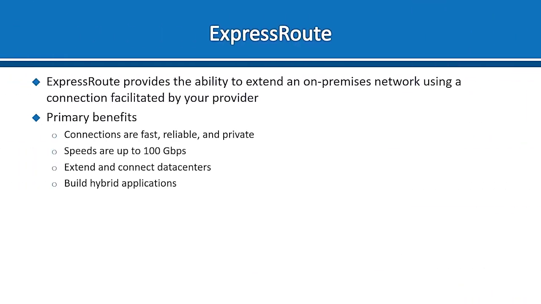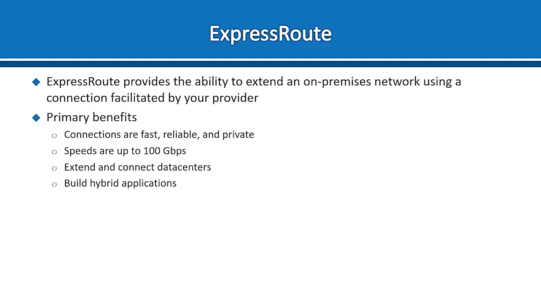Now, another route we have, no pun intended, is the ExpressRoute option. This is another option for connecting to your on-premises networks, and this one is facilitated by a connectivity provider. The primary benefit is that it's a private connection between Azure data centers and your on-premises or colo environment.